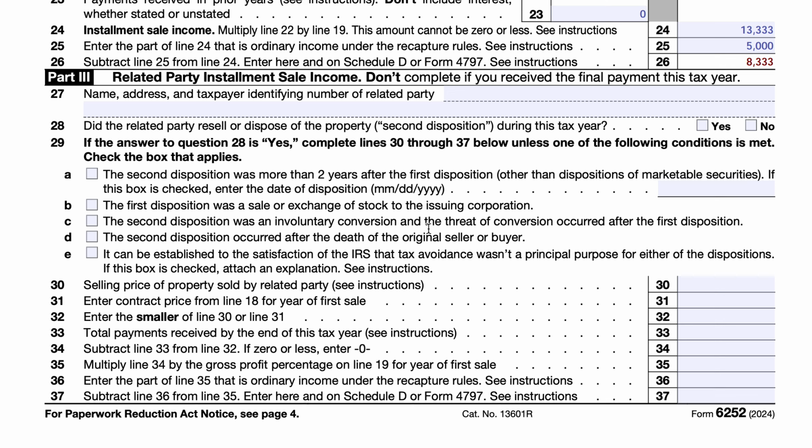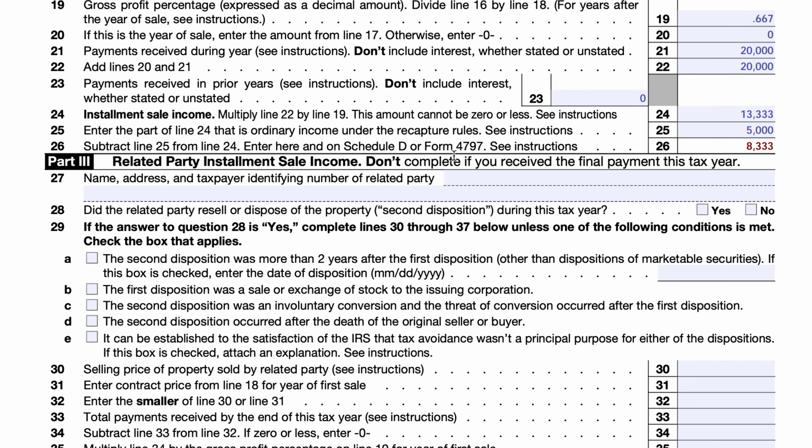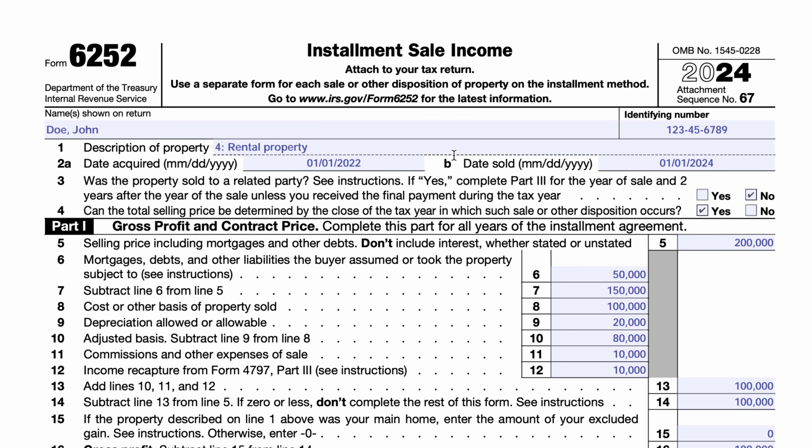The IRS has definitions of what a related party is, but generally speaking, if you own a company and you sold this to a business partner, a family member, someone with a financial relationship, that would be considered a related party. And even if that's the case, you would not complete part three if you completed the final payment this tax year. So let's go to the top of the form.